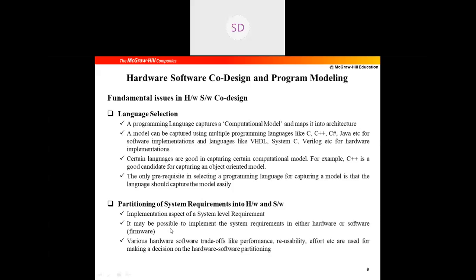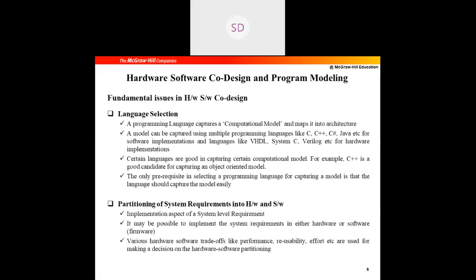It may be possible to implement the system requirements in either hardware or software, so we need to decide it. Various hardware software trade-offs like performance, reusability, effort, etc. are used for making the decision. Based on different trade-offs, we are going to select whether that particular system can be implemented using hardware or using software.